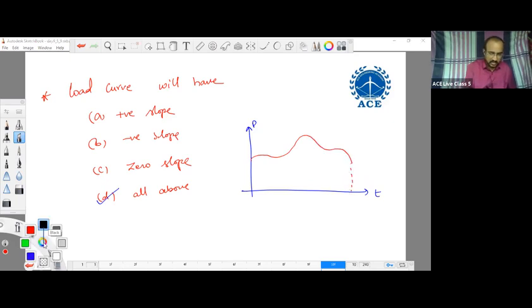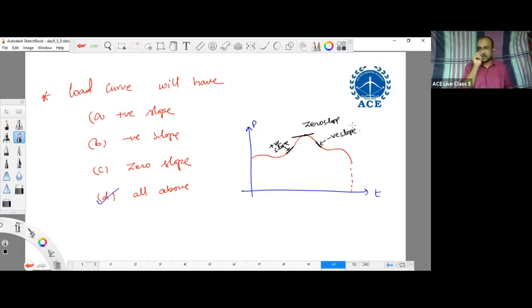So here we have zero slope, here we have the positive slope, and here we have the negative slope. So positive slope, negative slope, and zero slope.